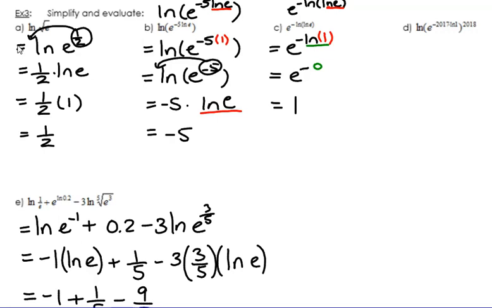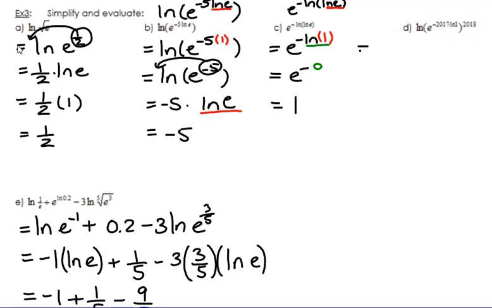The easier you can recognize these rules, the better it is for you. Writing this out so that you can see it, this is ln of e to the negative 2017 times ln 1, all to the power of 2018. I can't squish that in, so let's erase that and write it nicer.